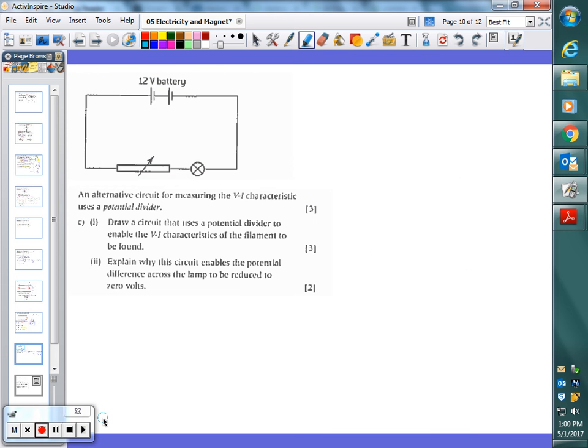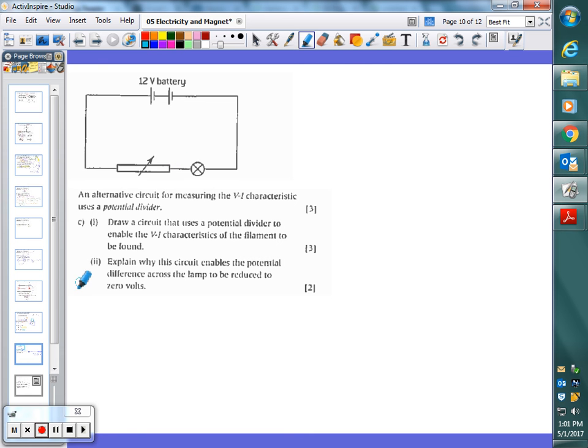All right. So the next thing on the list gets a little bit tricky. We can affect the amount of current flow through this circuit by changing the resistance of this circuit.